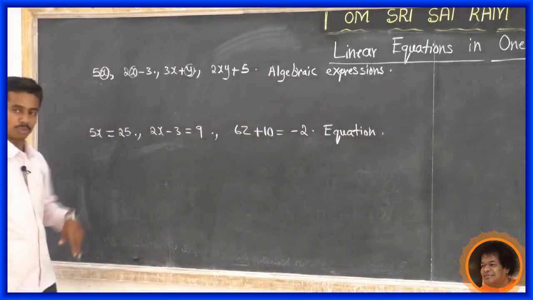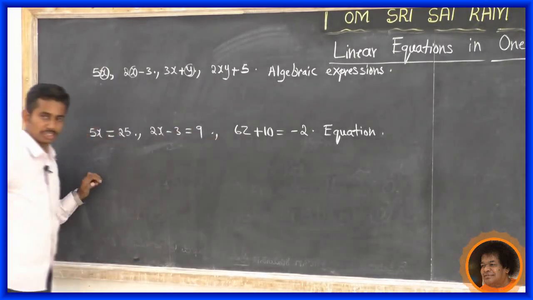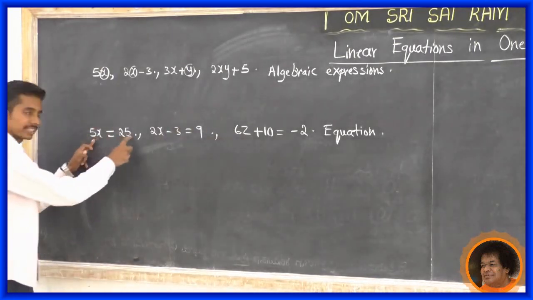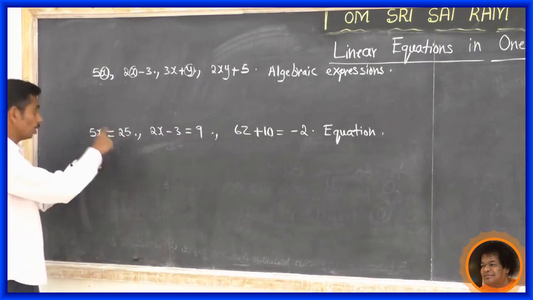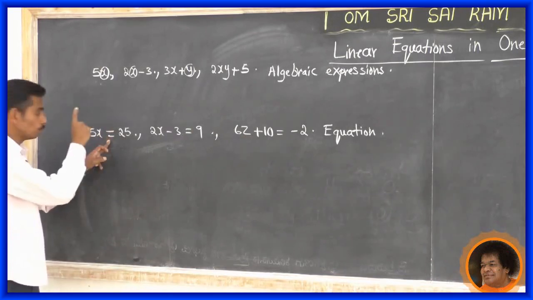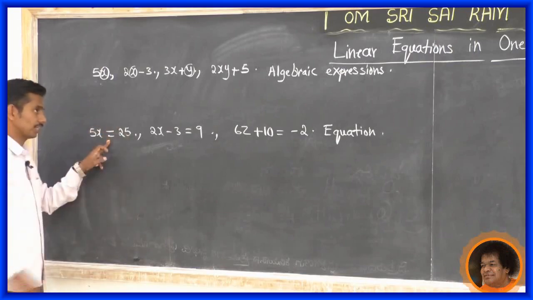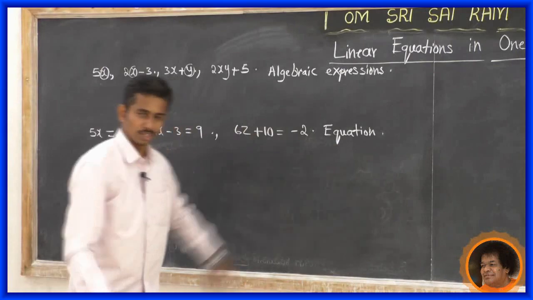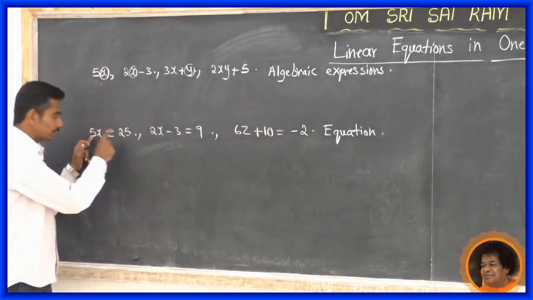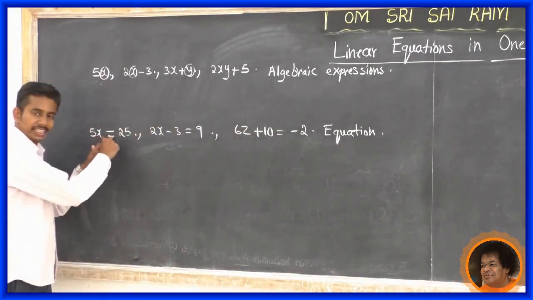Now we see the difference between an algebraic expression and an equation. What is the difference? 5x and 25. In between the algebraic expressions there is an equal sign. So the equality of two different algebraic expressions is called an equation. Or we simply say in between two algebraic expressions there is an equal sign.